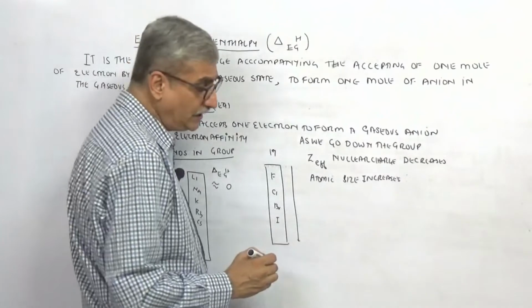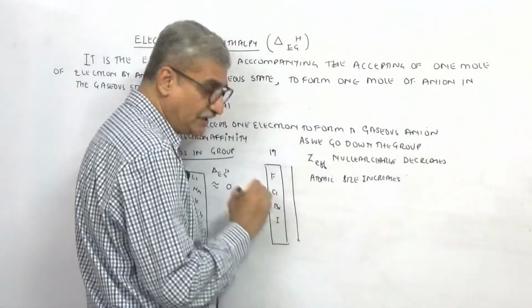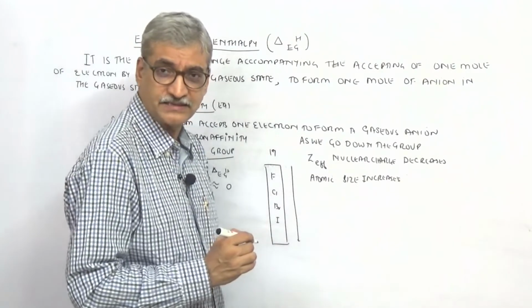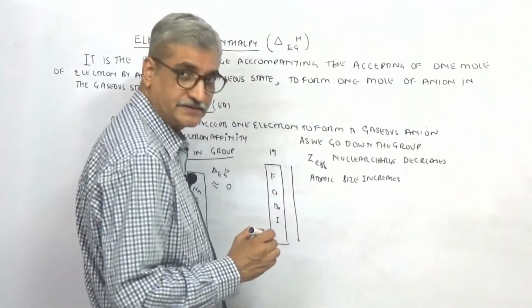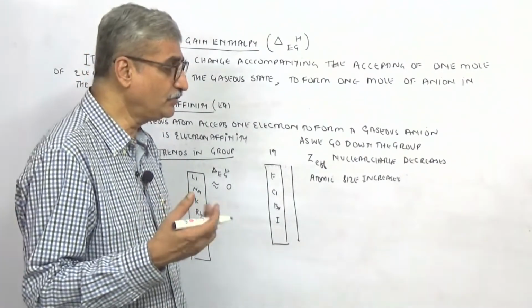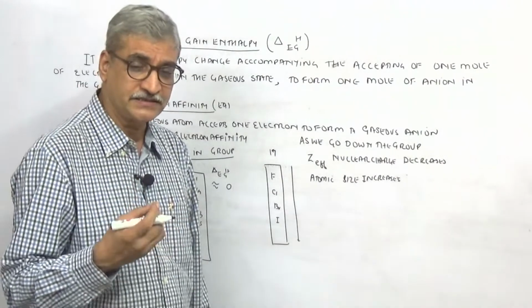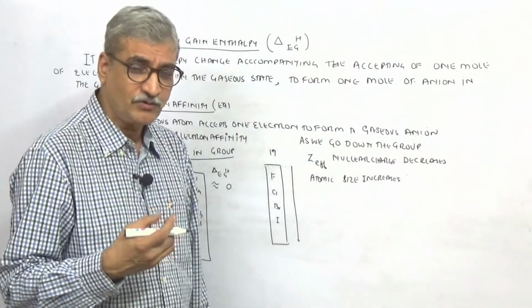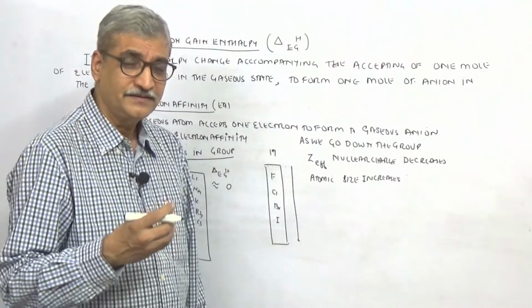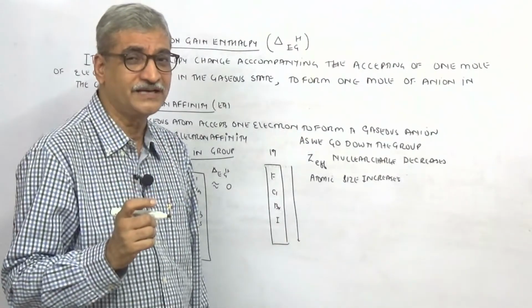So together, what is going to happen? The tendency to accept electron decreases. Atomic size increases, effective nuclear charge decreases. The nuclear pull on the outermost electron becomes less.